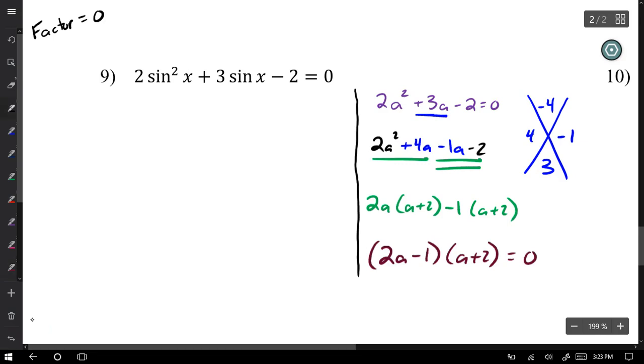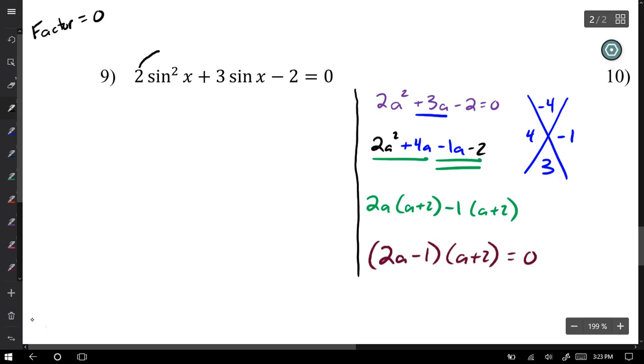And you may ask yourself, why do we do this entire problem when I really want to do that problem? And it's because your techniques are exactly the same. If I can solve with a's, there's no reason why I can't solve with sines. It's going to be the same technique for it. This is an AC method of factoring.